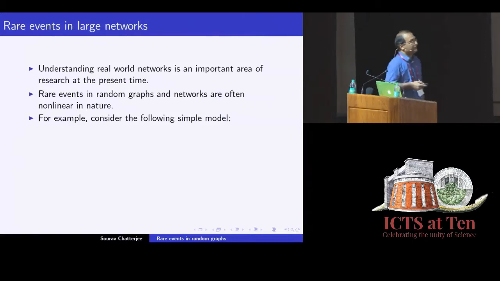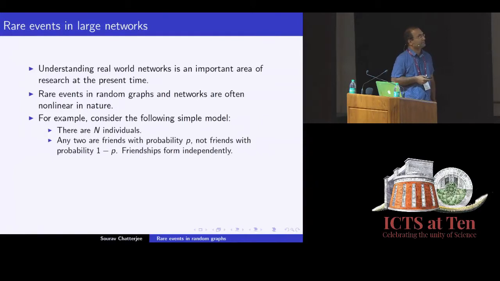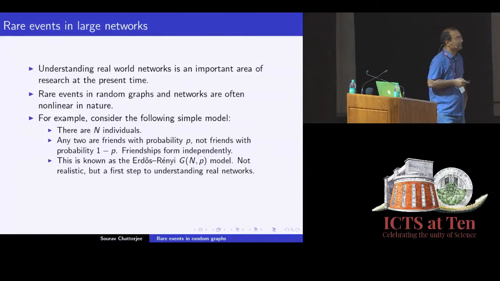So for example, consider the following simple model. There are n individuals. Any two are friends with probability p and not friends with probability 1 minus p, or any two nodes are connected with probability p and not with probability 1 minus p, and these form independently. So this is known as the Erdos-Renyi G(n,p) model. Okay?